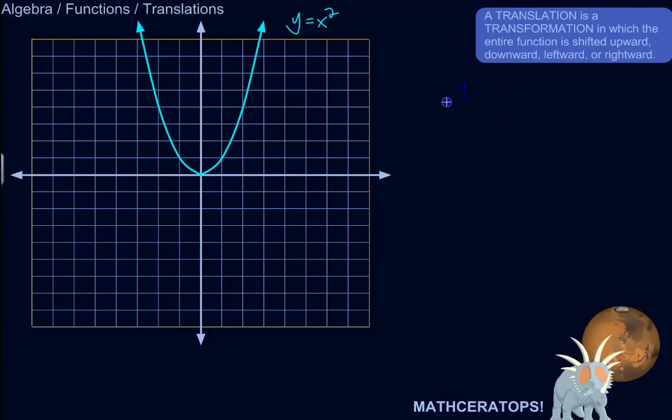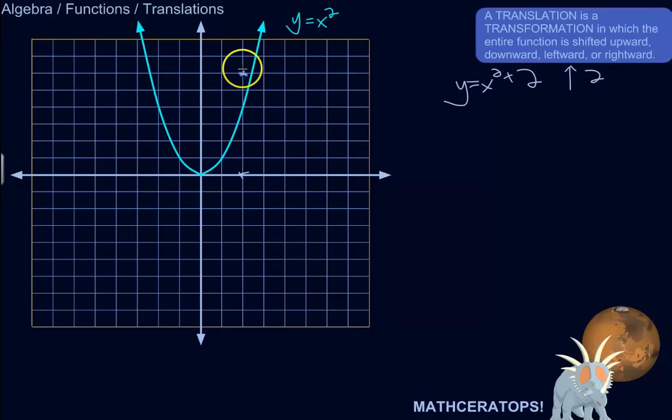So let's look at the vertical ones first. If I wanted to shift this whole graph upward, I would say y equals x squared plus 2. So that's a vertical shift of 2. If you look at x is 2, 2 squared is 4, but then I would add 2 to get 6.